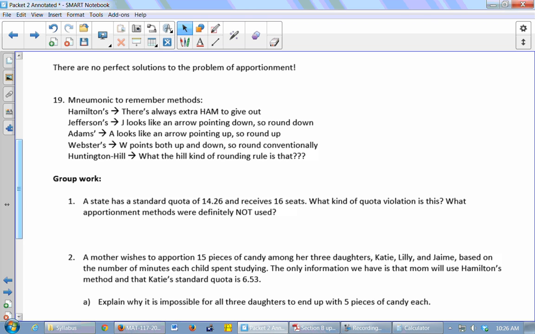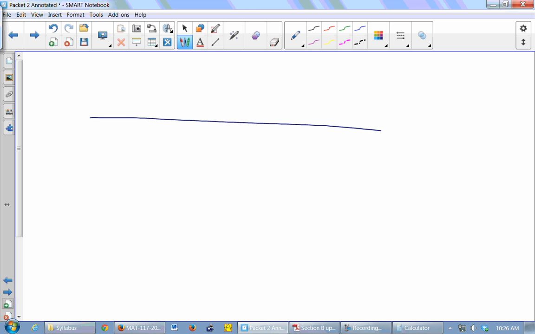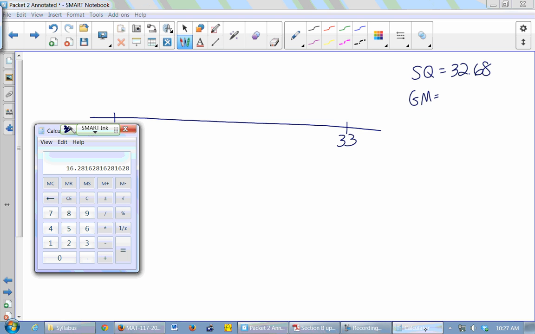So I'm going to draw a number line. So let's say we've got a 32 and a 33. And we'll say the standard quota is 32.68. All right, so my geometric mean, which is my new cutoff, let's just double check that I'm remembering this correctly. 32 times 33, and then square root it.